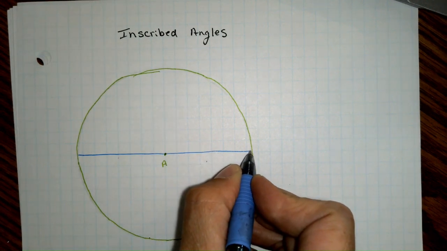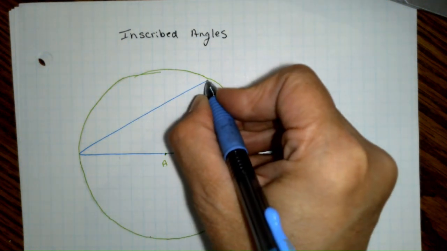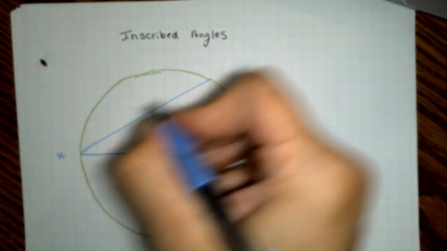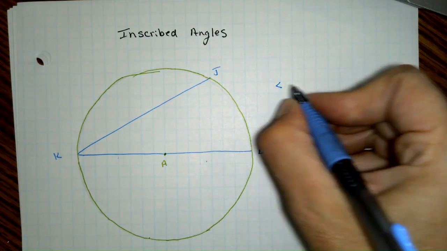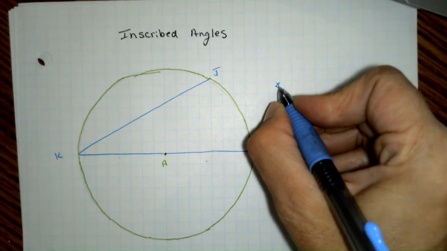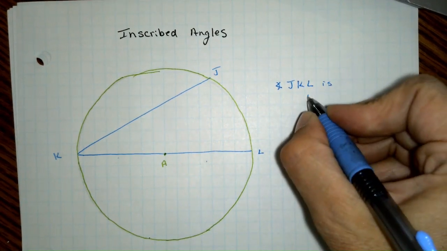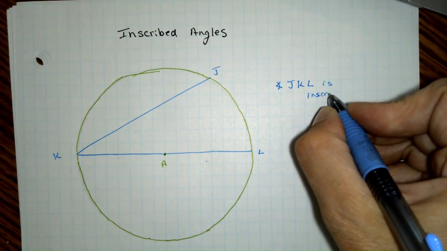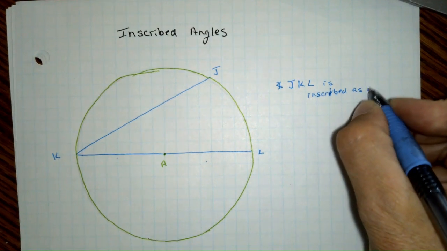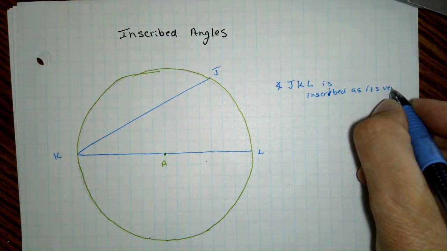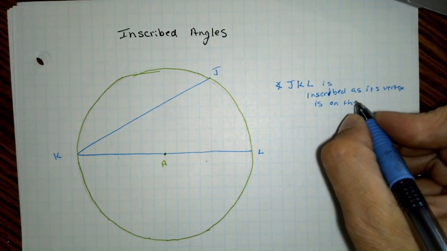So here's the diameter, and we'll call this K. So J and L. So angle JKL is inscribed as its vertex is on the edge of the circle.